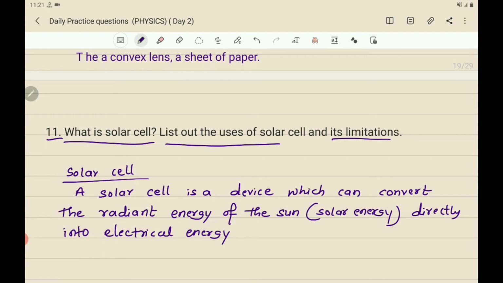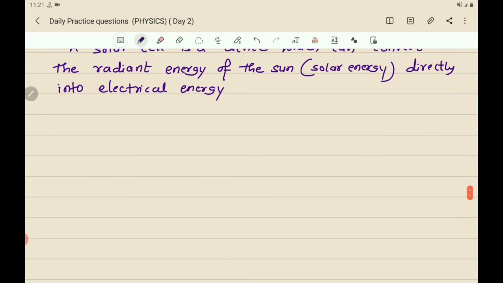First let us write the uses of solar cell. So what are the uses of solar cell? Directly it converts solar energy into electrical energy. Solar cells are cost effective, particularly in remote areas where cost of installation of other modes of energy is very high.